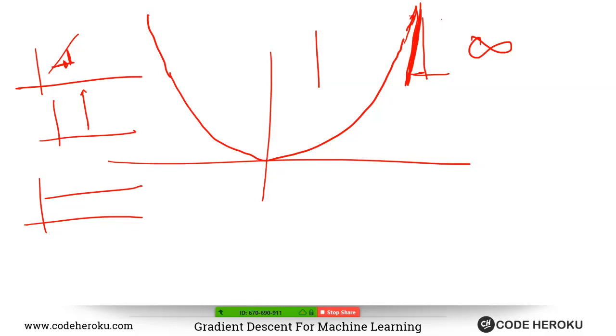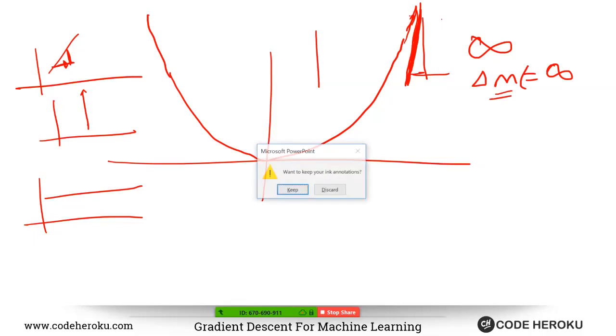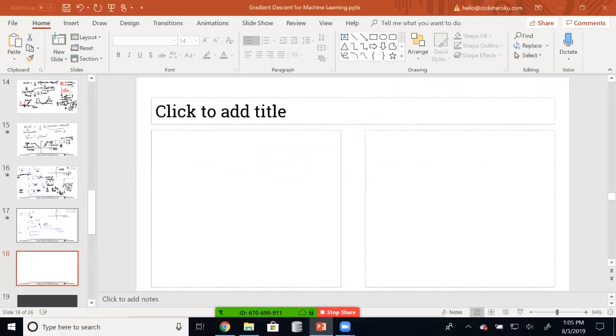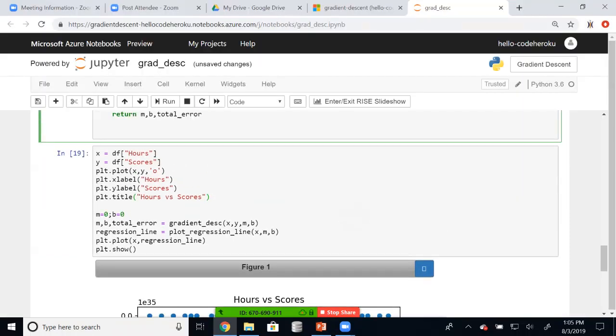So the slope at this point is infinite. In turn, what I'm saying is delta m will be infinite, because delta m is the derivative at that point. And what you're doing in your code is trying to add delta m. What will delta m be if the error is too high?